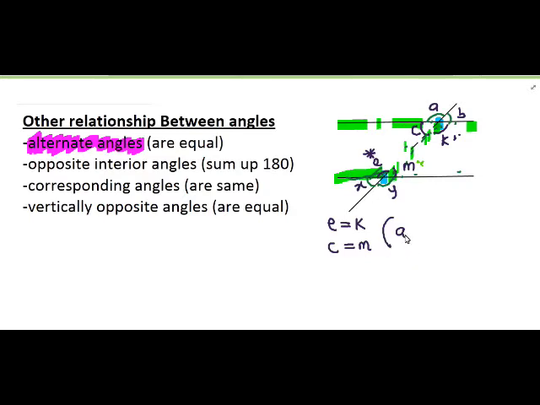Just get your mind fixed to this. They are alternate angles, and they are equal. So if C was 50 degrees, it actually implies that M is also 50 degrees.